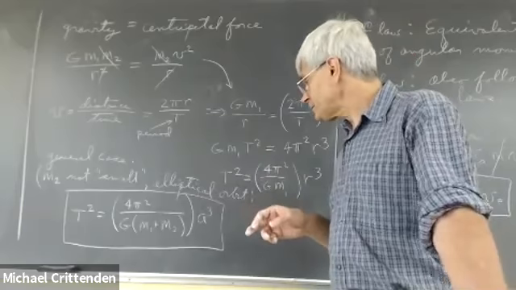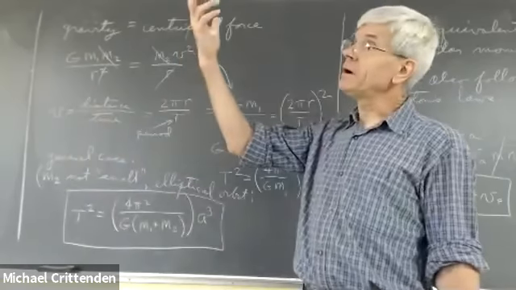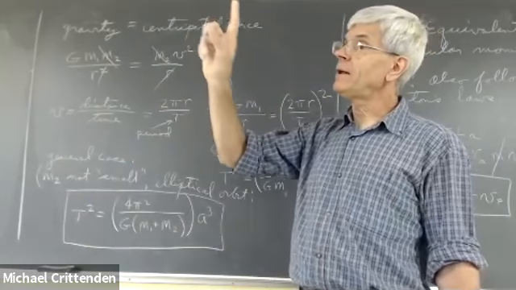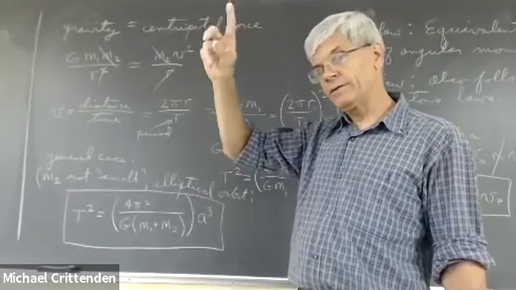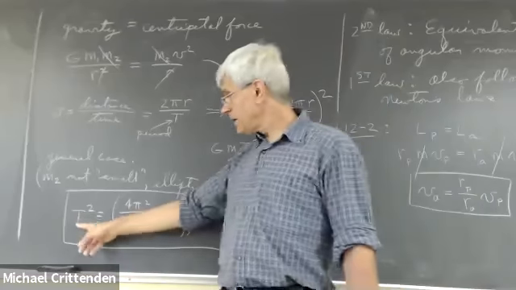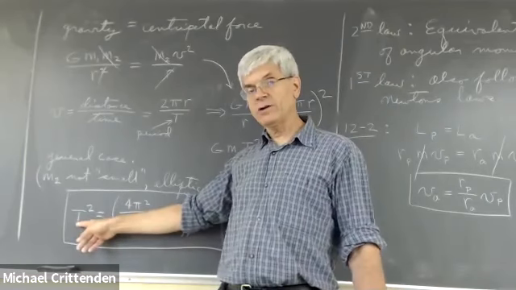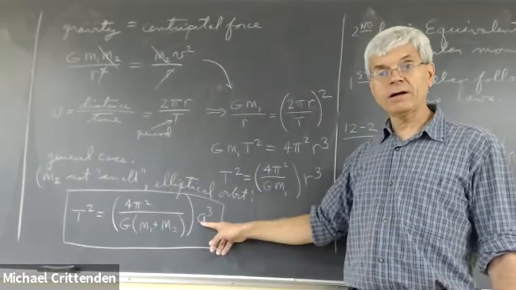So what you do is you watch the thing for long enough that you can tell how much time it takes for the stars to go all the way around once. You know, a little bit of patience, mark a few things on the calendar, and you know the orbital period from watching it for a while. You also have to know how far apart they are.